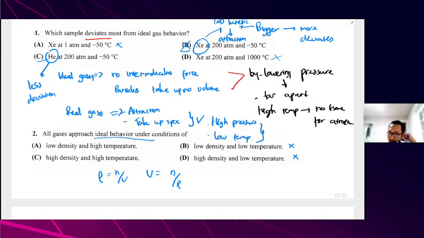So the conclusion is we need a smaller size. Smaller size tells us we have a small volume, and small volume means we need a higher density.